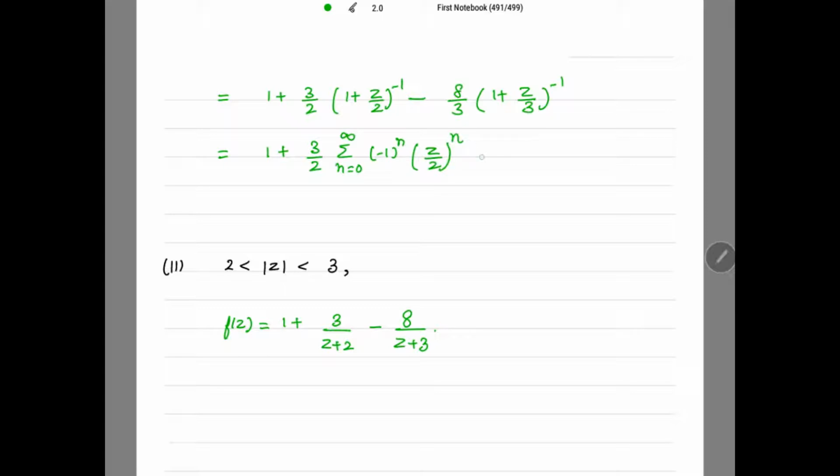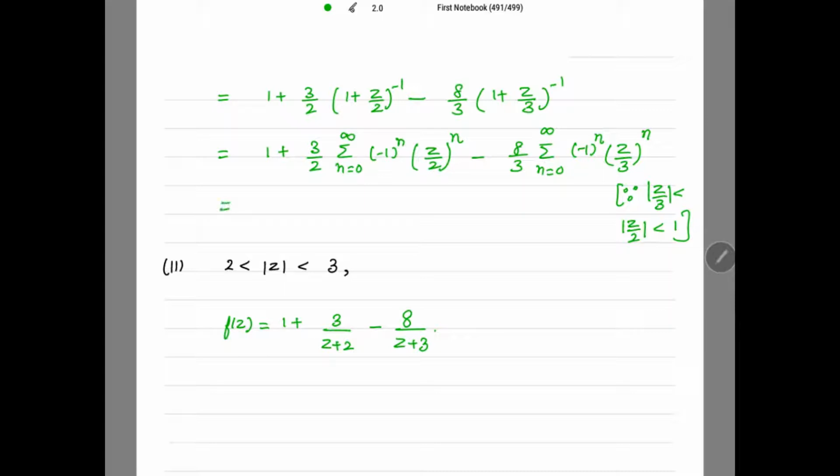So this is equal to this minus 8 over 3, summation n going from 0 to infinity, (minus 1) to the power n, (z over 3) to the power n. And whenever you expand in the bracket, you must write that this expansion holds as |z over 3| is less than |z over 2|, which is further less than 1. Then only you can expand this series.